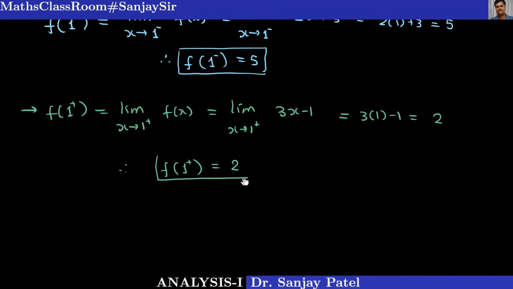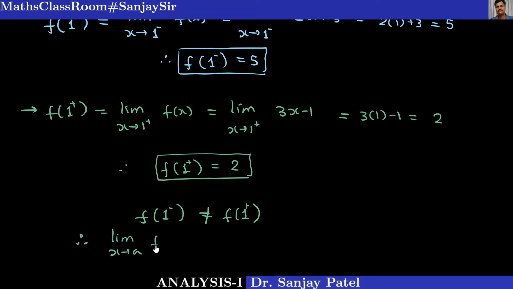So the right hand limit of the function at the point 1 is 2 and the left hand limit of the function at 1 is 5. So f of 1 minus is not equal to f of 1 plus, and therefore limit x tends to 1 of f of x does not exist.